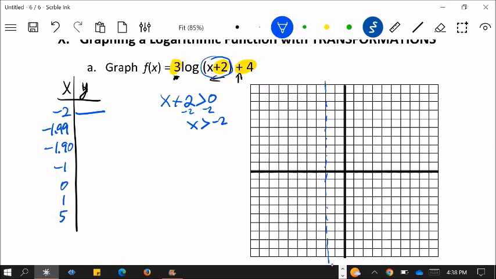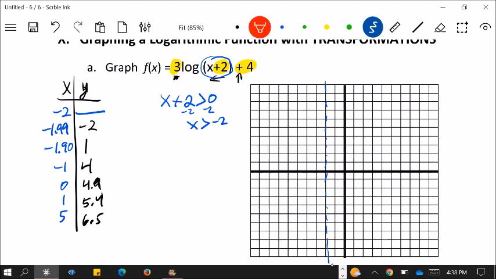You can put any number. Here are the results that you get for those. For negative 1.99, you get a negative 2. And with a negative 1.9, you get 1. At negative 1, you get a 4, doing all the parts of this one. At 0, we get 4.9, and then 5.4 and 6.5. Let's graph these up here.